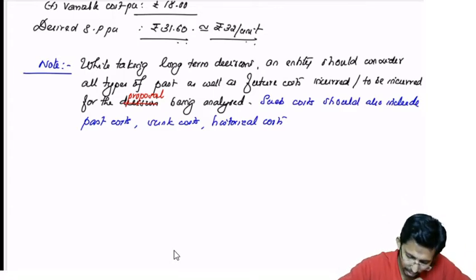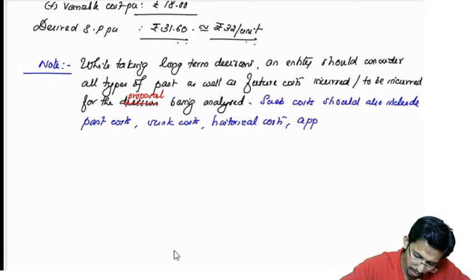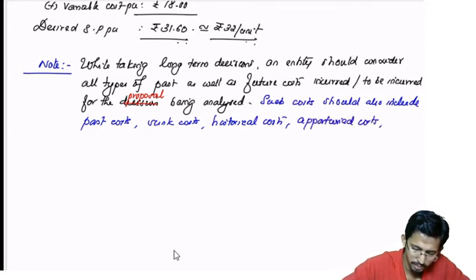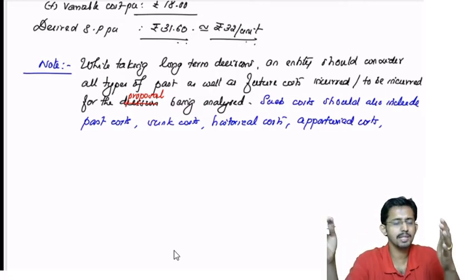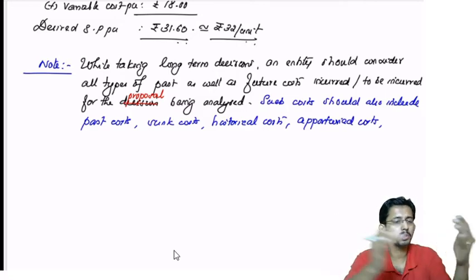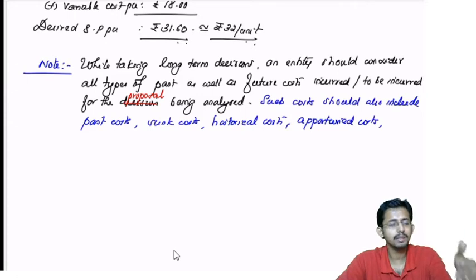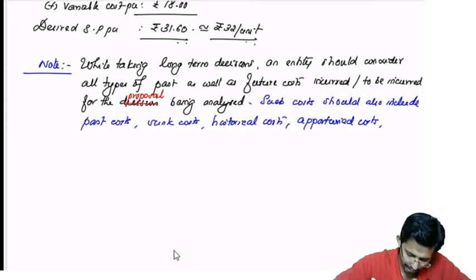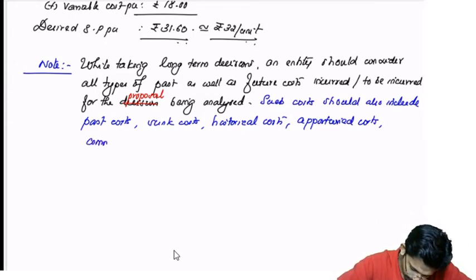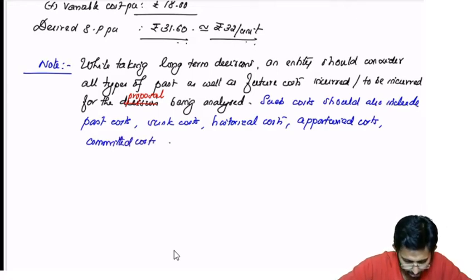Then apportioned cost: the head office is apportioning head office cost to your entity. You should recover that also. Then committed cost, etc.